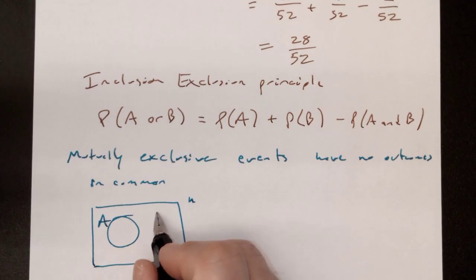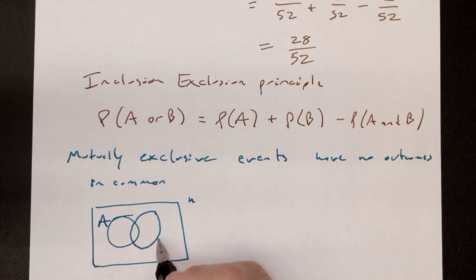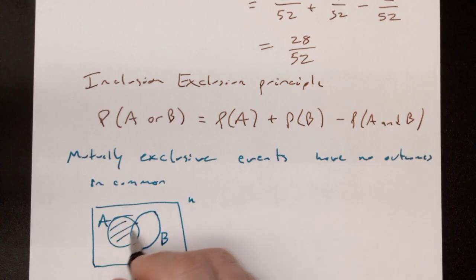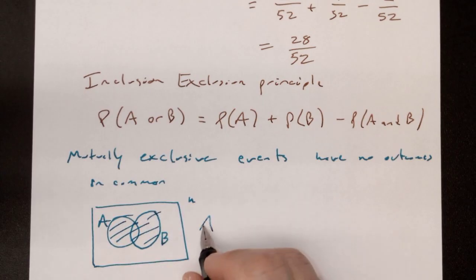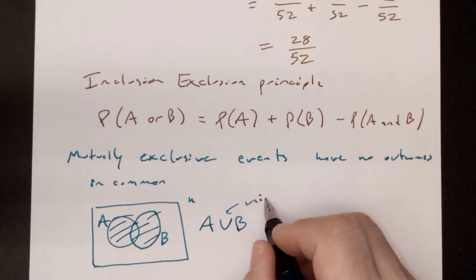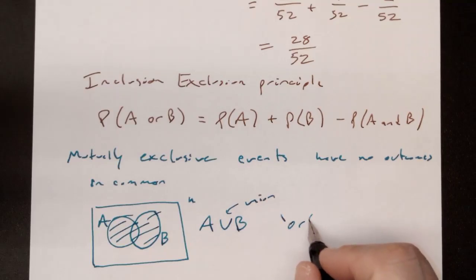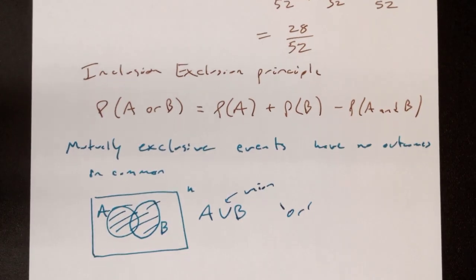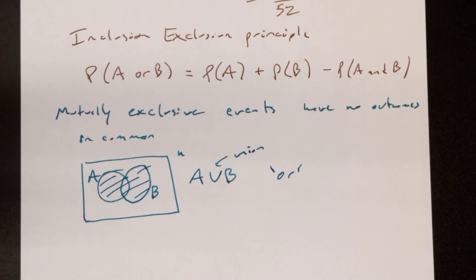Set B. We usually draw them with some sort of overlap. In set terms, if I were to take everything inside both circles, all of it, that's A union B. And that represents our word or. It's a very funny looking U.